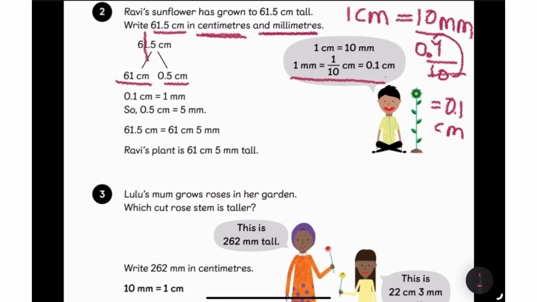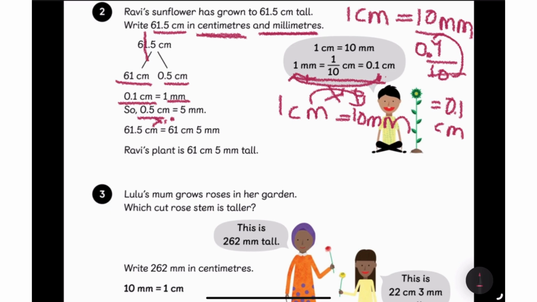Or rather, we have the key: 0.1 centimeter equals 1 millimeter. So I just replace this 1 with 5, and it becomes 5 millimeters. Or in general, I just multiply, and that is how I get my answer.